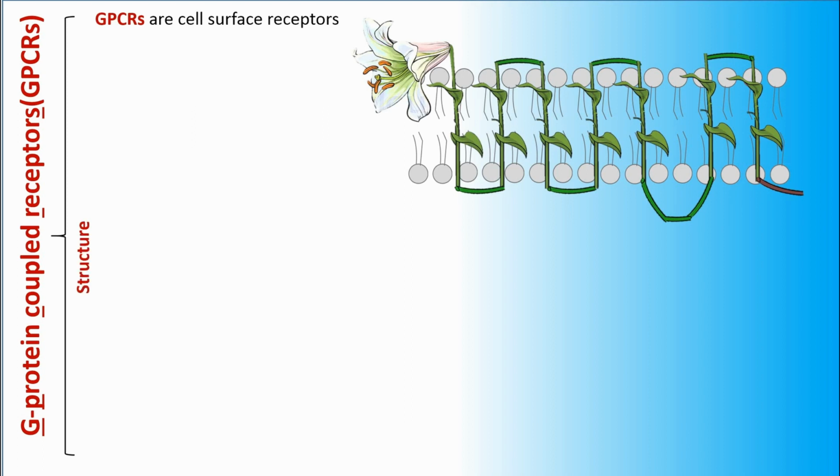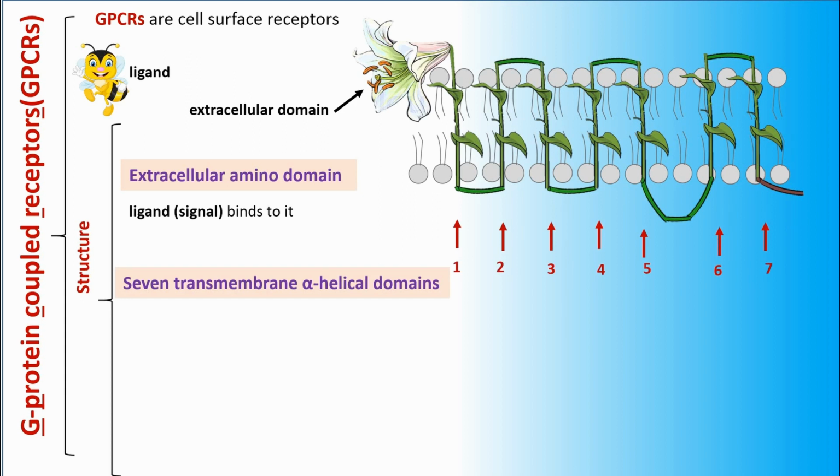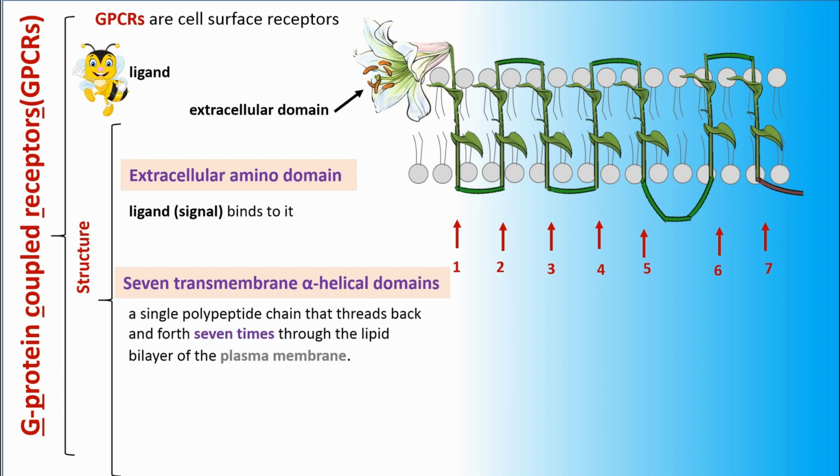Their structure contains three domains: extracellular amino domain, where the ligand or signal binds to it; 7 transmembrane alpha helical domains, a single polypeptide chain that traverses back and forth 7 times through the lipid bilayer of the plasma membrane; and intracellular carboxyl domain.